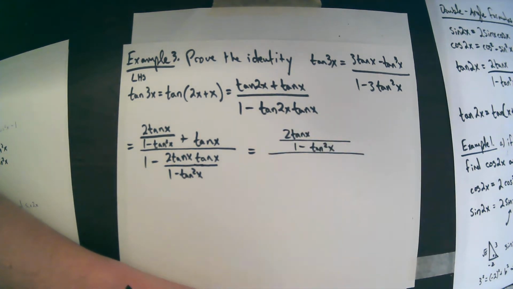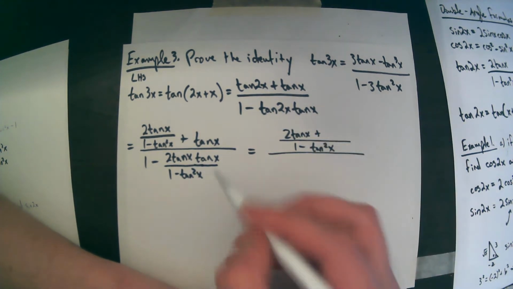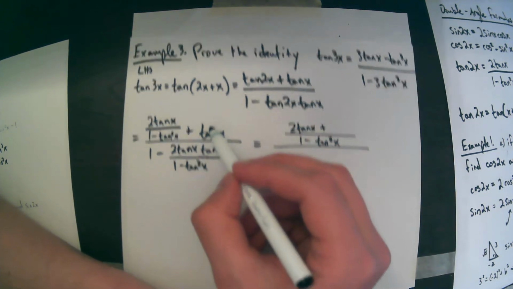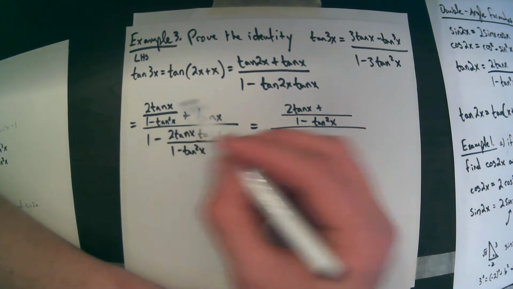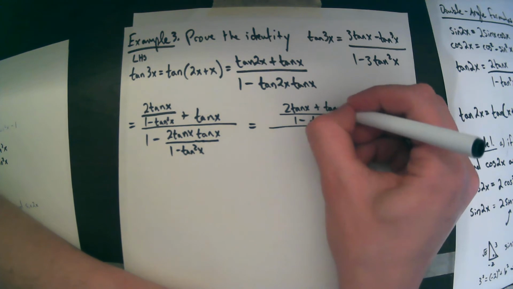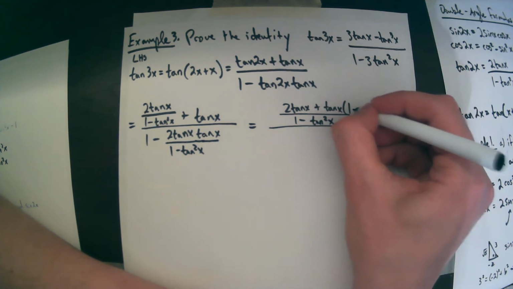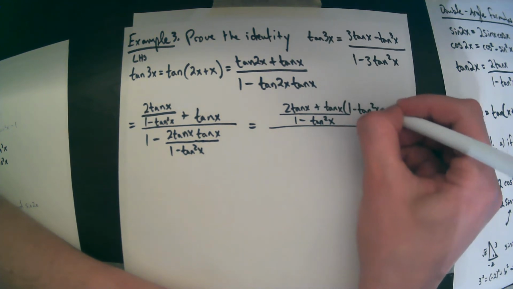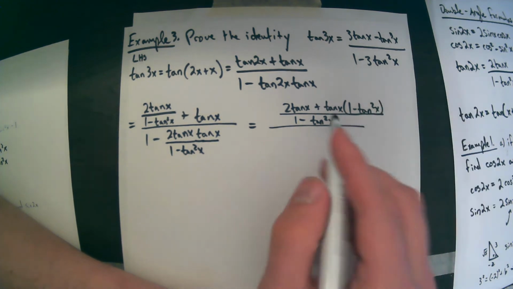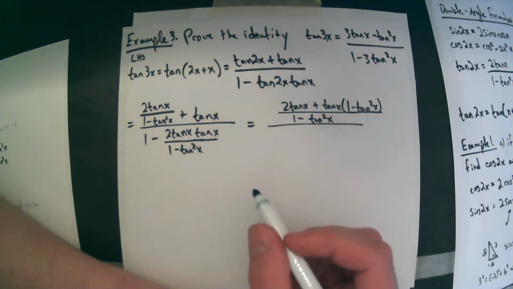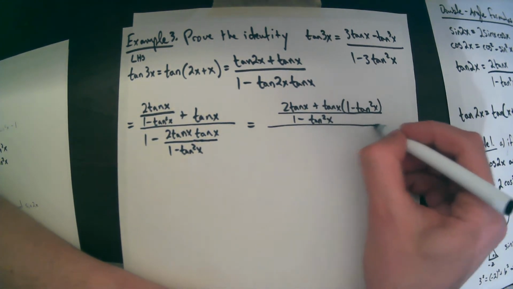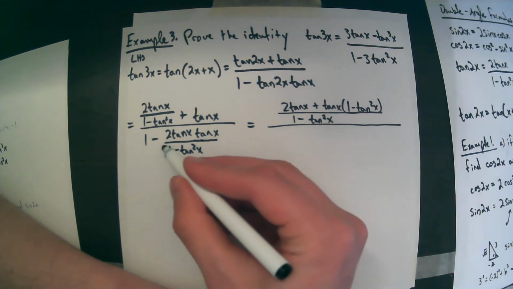That already had the denominator. Plus. Now this needs to get multiplied by this. So I'll say, because I'm getting that common denominator here, 1 minus. Okay. So I'll handle that expansion in the next step. Now in the bottom here, I've got a 1.